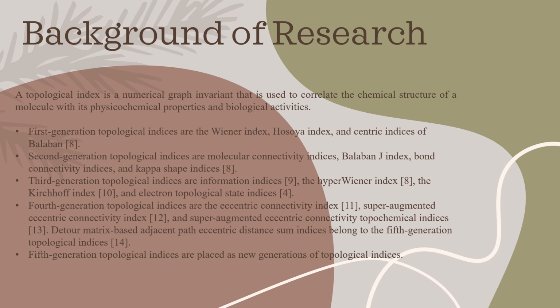For the third generation, topological indices are real numbers based on local properties of the molecular graph such as information indices, the hyper-Wiener index, the Kirchhoff index, and electrotopological state indices.